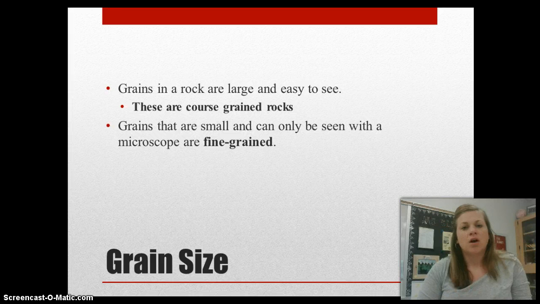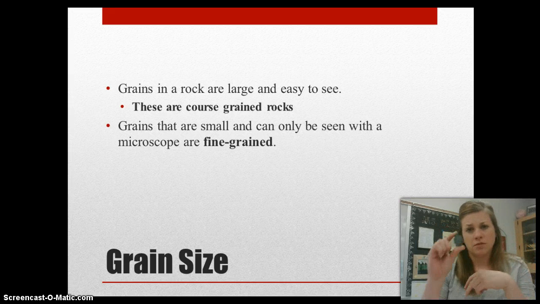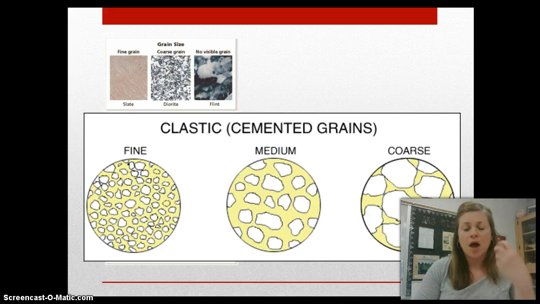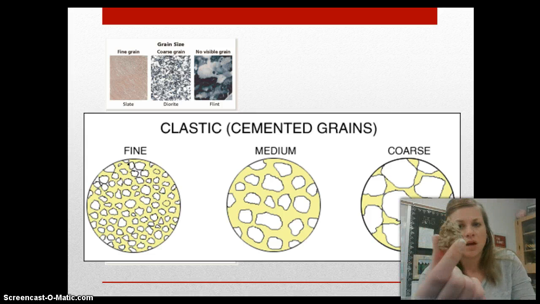The grain sizes are large and easy to see. These are coarse grain rocks, and the grains that are small are fine grain rocks. Okay? Coarse, fine grain. So here's an example. I would draw this into your notebooks to give you an idea of what it means when we're talking about grain size. So for example, this rock here, I'm not going to tell you what it is because we're going to talk about this rock again in class and give away some information.